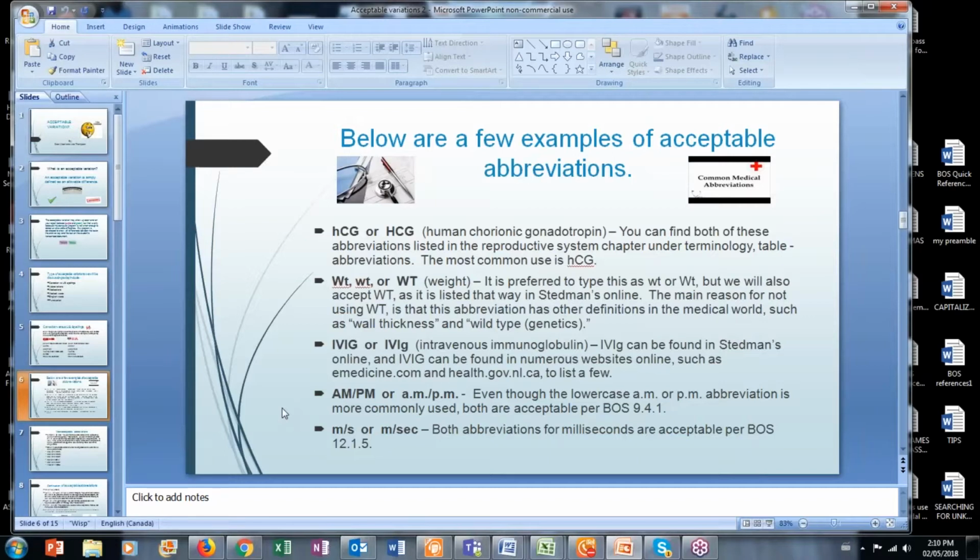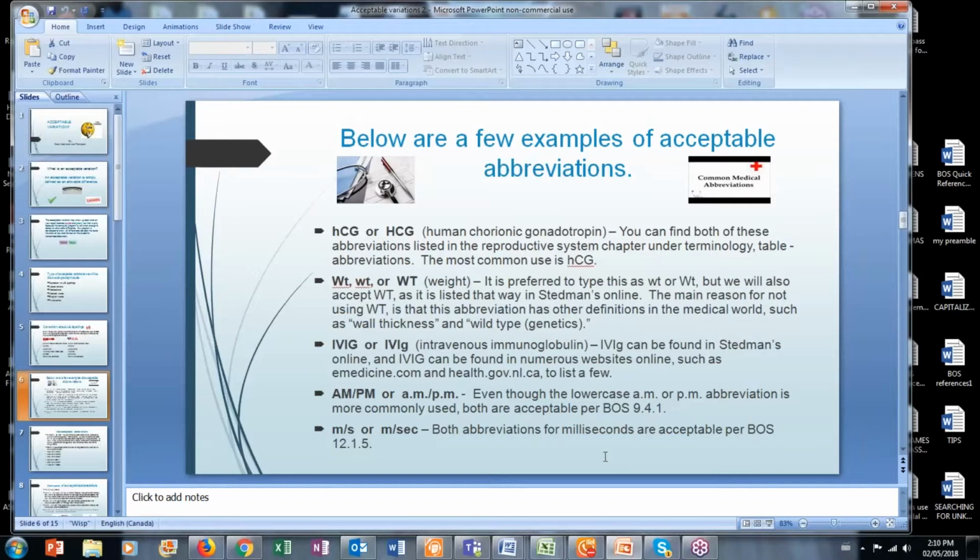Or if you just put lowercase am, that's also incorrect. So make sure you do it one way or the other. Even though the lowercase a.m. or p.m. abbreviation is more commonly used, both are acceptable. And you can see that in BOSS 9.4.1.